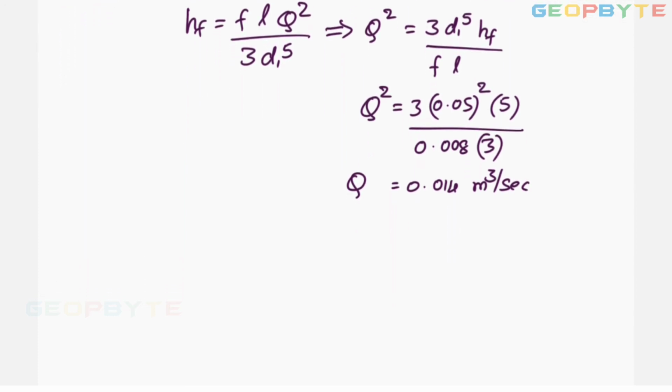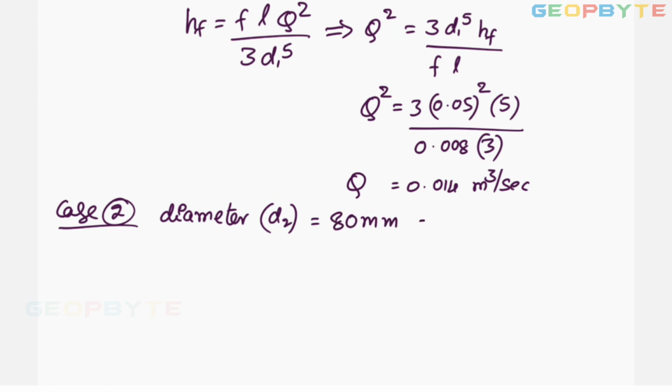Now let us take case 2. Case 2 diameter D2 equals how much? 0.08, because 80 mm is given. Now let us take the same formula, HF equals FLQ square by 3 D2 power 5.